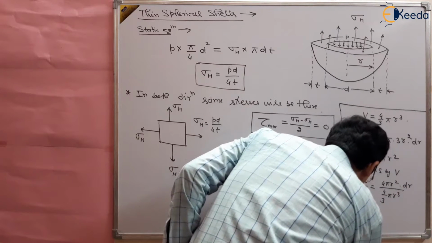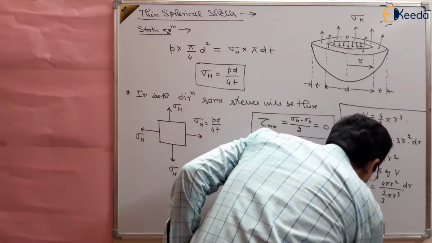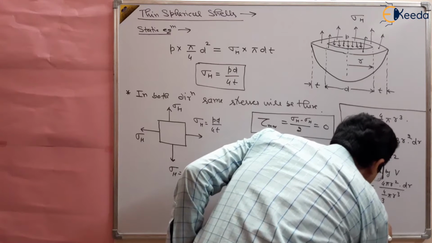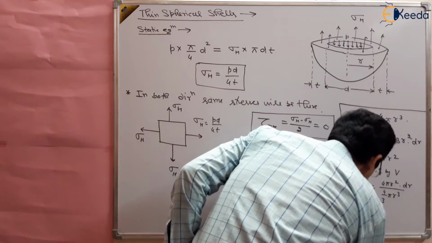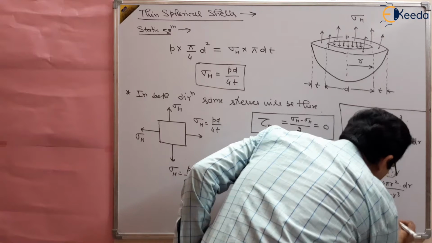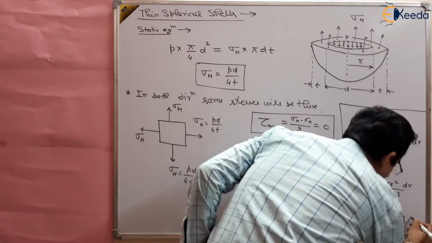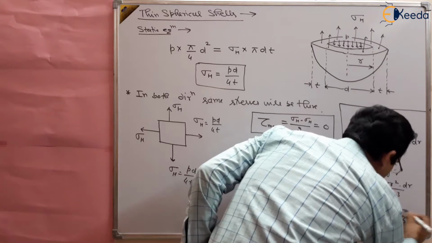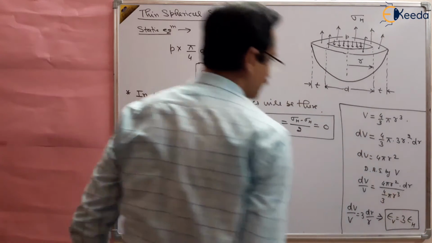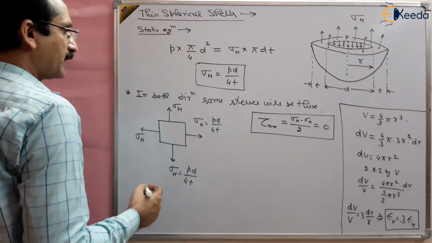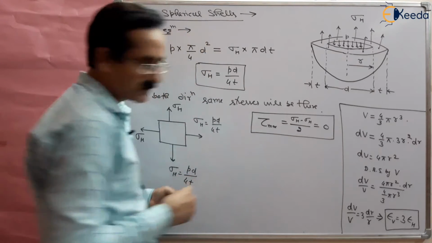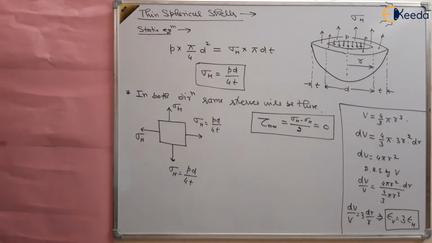So dV by V comes out to be 3 times dr by r. This implies that volumetric strain is 3 times the circumferential strain or hoop strain, right? So volumetric strain is 3 times the hoop strain.